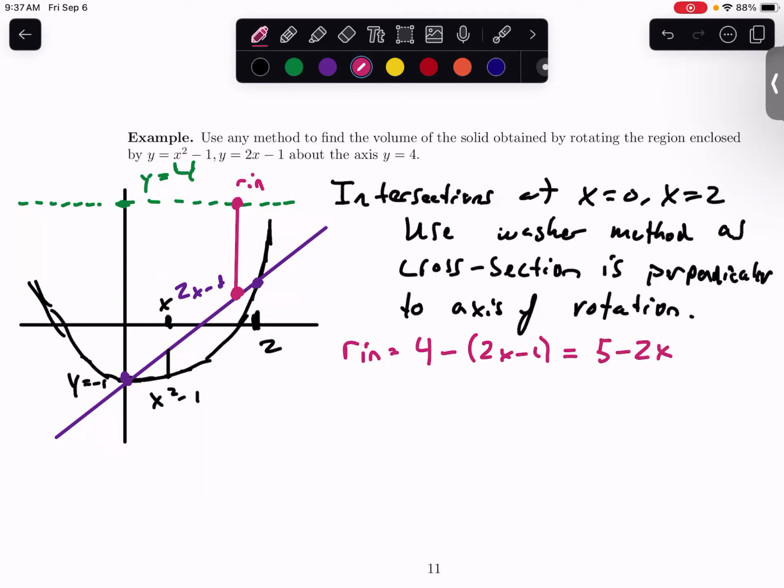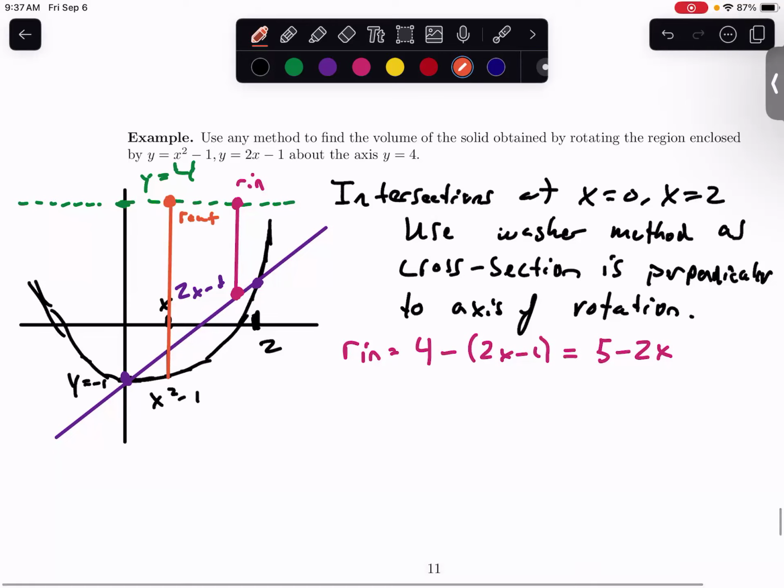And then the outer radius is actually going to correspond to the smaller curve, the curve that's beneath the line that we have here. So this is going to be the outer radius. So that's this line that goes down here. I kind of drew it overlapping with the cross section. That's just a coincidence.